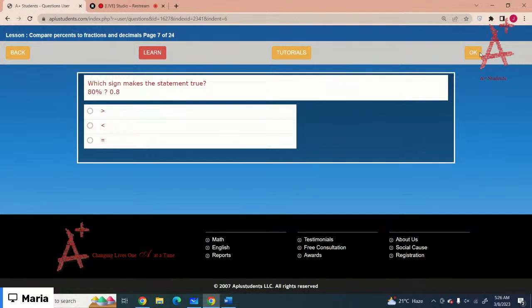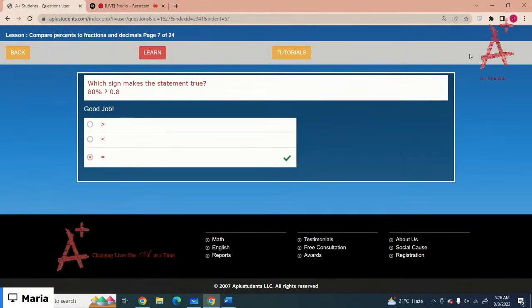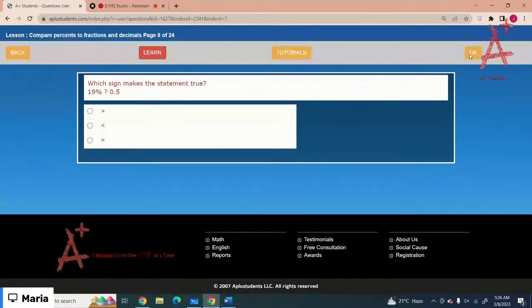Okay, which sign makes the statement true? 80% or 0.8, which is the correct option? They both are exactly equal. Got it? When you convert 0.8 to percentage, it would be again 80%. Got it? Okay, 19% and 0.5.